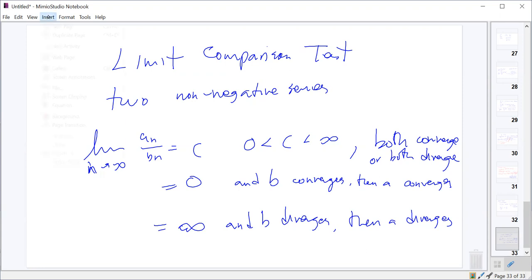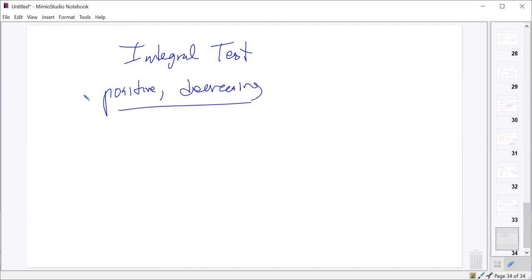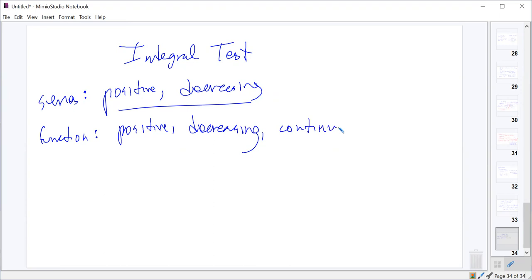All right. The integral test is another important one for us to know. Our integral test for series has a few more initial conditions that we need to have met. Our series has to be positive and decreasing. And then the function that we're going to take the integral of has to be positive, decreasing, and also continuous for this to work.